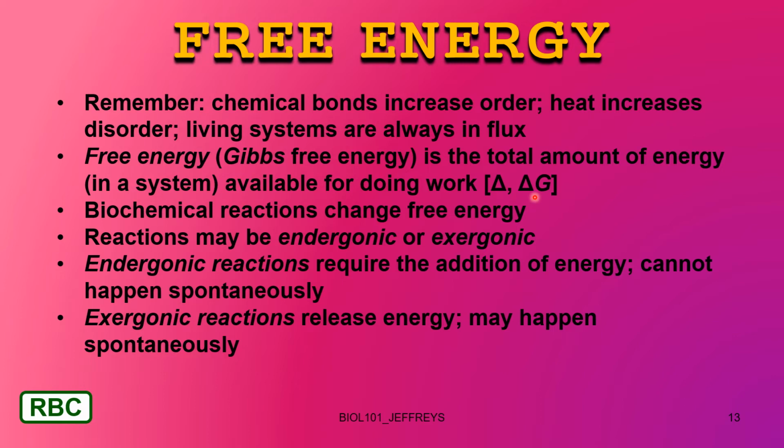Or in other words, if you see delta G, we're referring to free energy, the amount of energy available for doing work. So biochemical reactions change the free energy, obviously, right? Because you have energy in chemical bonds, like the pyrophosphate bonds of ATP. You break the bond, that releases energy, which then can be used to do work.